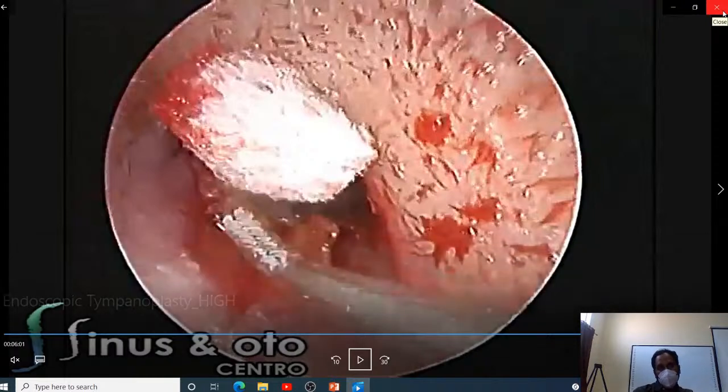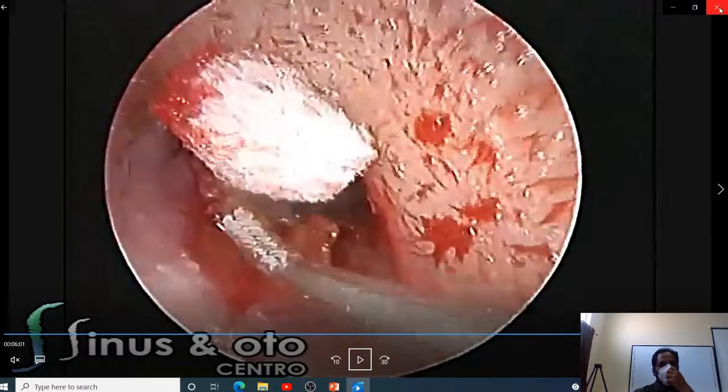So the steps being: after anesthesia, the patient in supine position, operated ear facing upwards, freshening the margins of the tympanic membrane and elevation of the tympanomeatal flap, skeletonization of the handle of the malleus, and removal of any secretions, fluids or fibrosis in the middle ear, or any tympanosclerosis, everything should be removed, and then place the graft either in overlay technique or underlay technique.